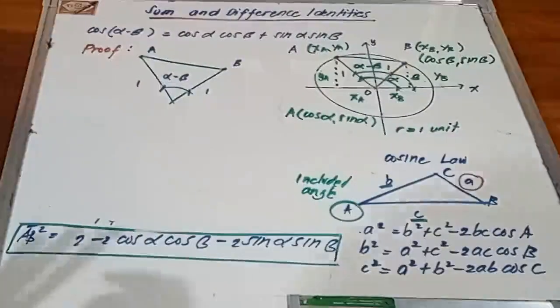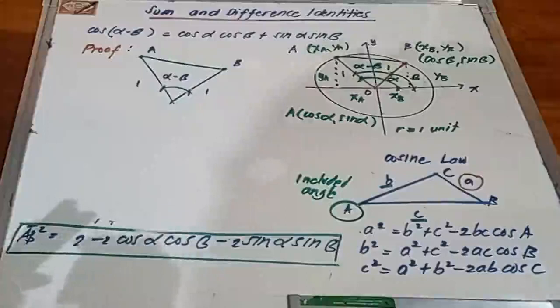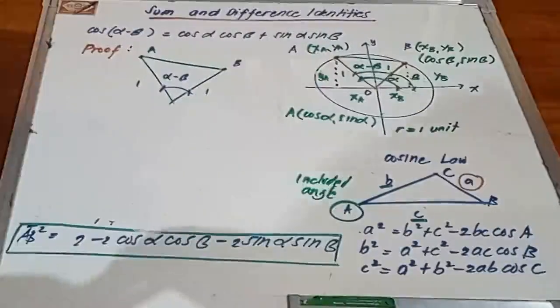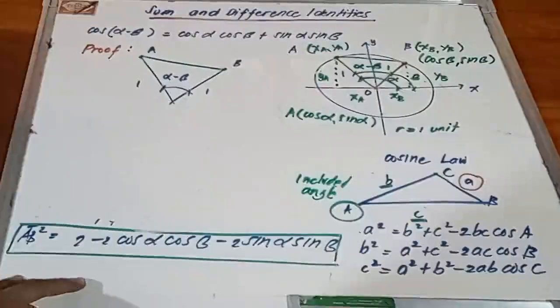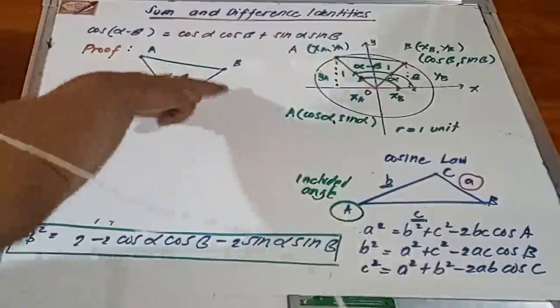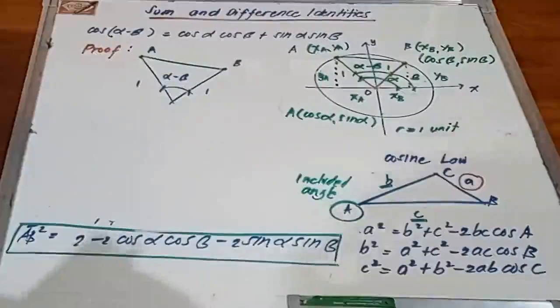Now, kunin natin si AB. Solving AB. Meron na tayong AB squared dito. Kunin natin yung AB squared gamit yung law of cosines.